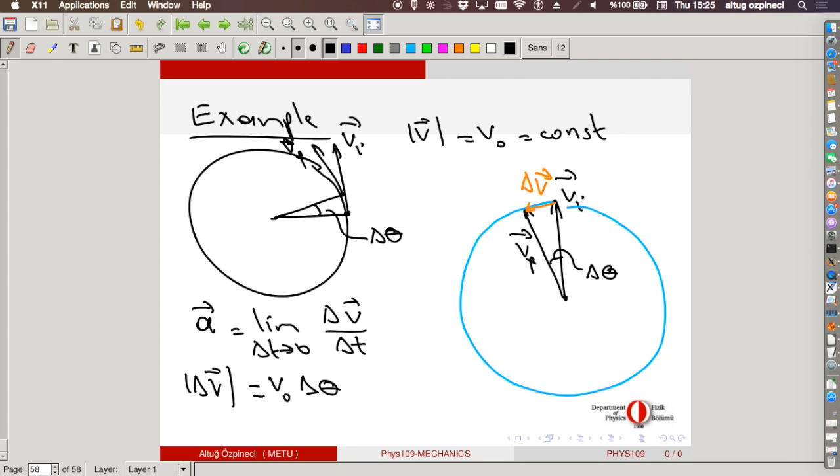So this is the magnitude of delta V. Well, we can just put it over here. So the magnitude of acceleration is V0 times the limit as delta t goes to 0 of delta theta by delta t.